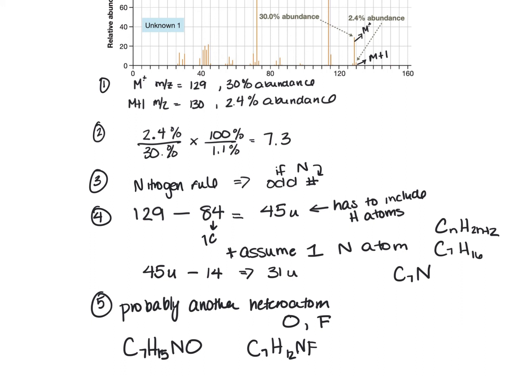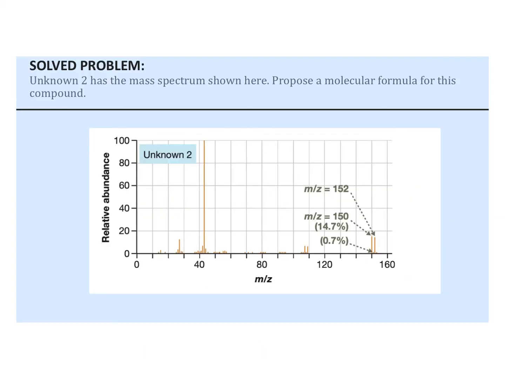We can see that these add up to 129. So these would be good educated guesses, but that's it. That's all we can figure out from mass spectrometry. That's why we need other tools, other spectra, to help us identify the final compound. We get a lot of clues here, but it doesn't tell us anything about the connectivity. So that's why we have to learn about other spectroscopy methods.